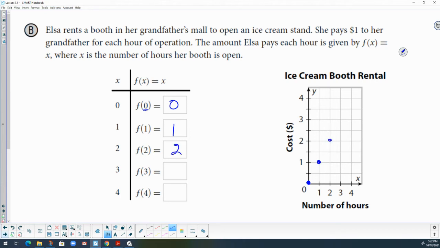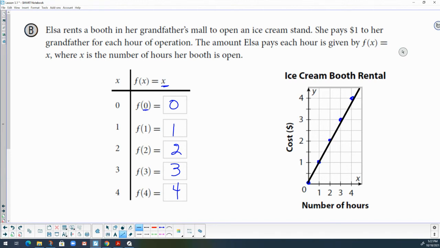And right now I'm just plotting the points. And then if she's open 3 hours, she has to pay $3. Oops, that's not 3, it's in here. And then if she's open 4, so I'm just substituting that in for x each time, she has to pay $4. Now she can be open, let's say, an hour and a half.